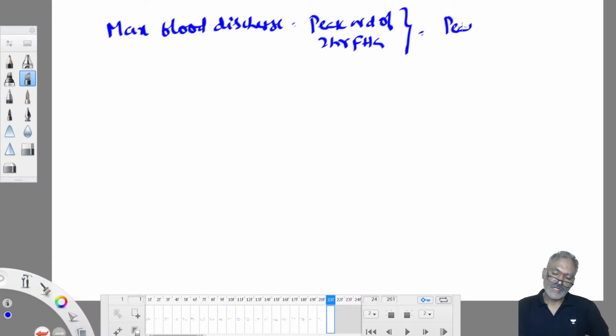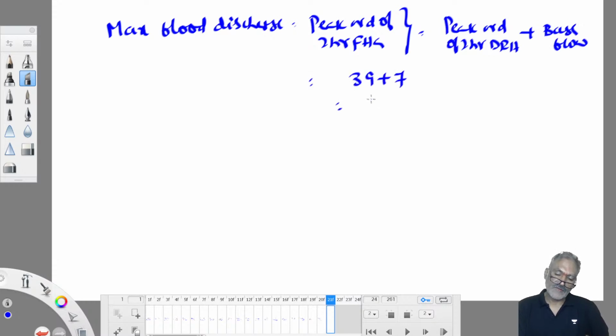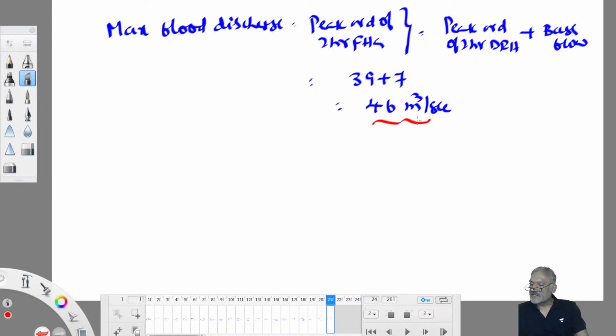So where P coordinate of 2-hour direct runoff hydrograph, to this if you add base flow, then you will get a maximum flood discharge. So we got this 39, base flow is given in the question as 7, so it is 46 meter cube per second. That was the answer for second question. Understood now? Very good, Deepak. Keep it up. So that's how we have to work out.